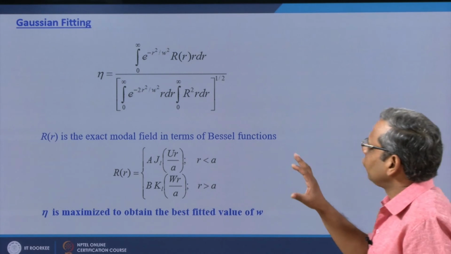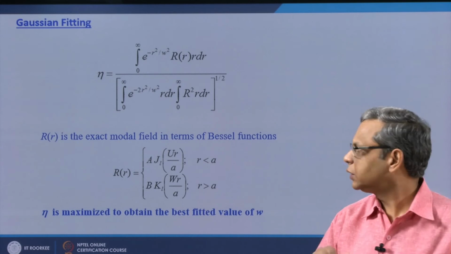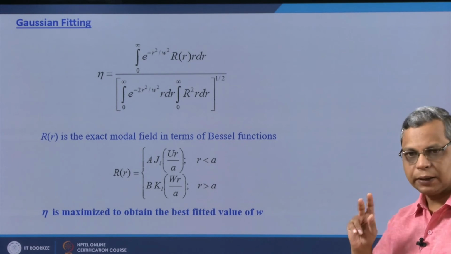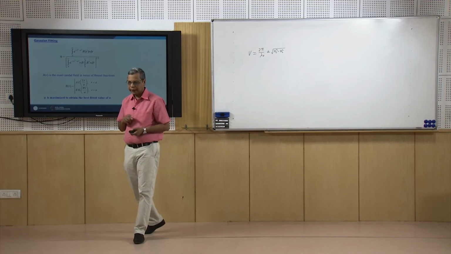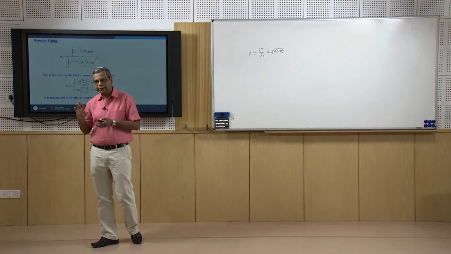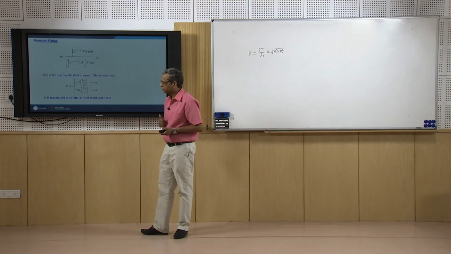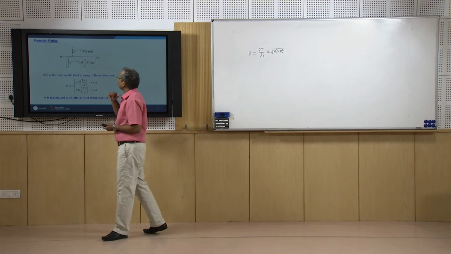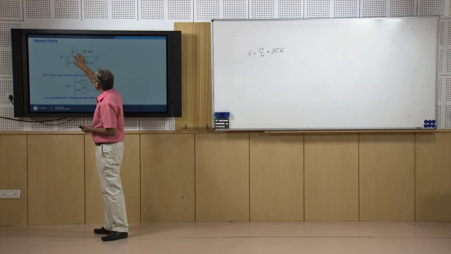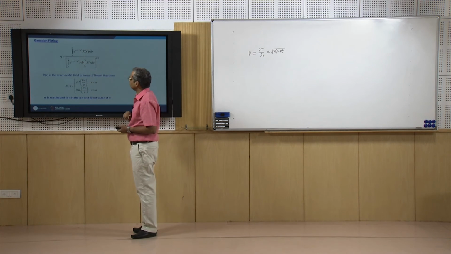How do I find the best fitted Gaussian? The best fitted Gaussian has two parameters, so I need to optimize two parameters, A and W. A is easy because it can be found from the maximum value of the field. To find W, I take the overlap of this Gaussian with the exact field, which is defined in terms of Bessel function.